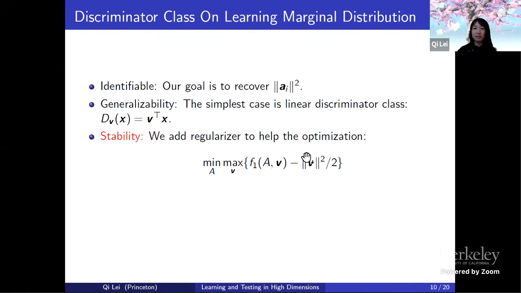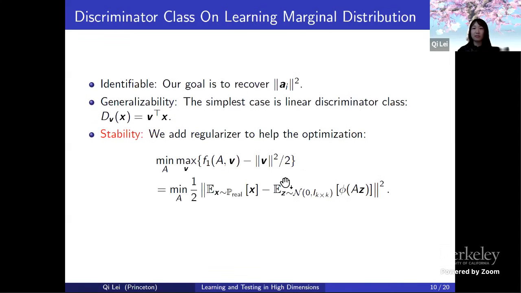We choose a simple version of it, where we subtract an L2 regularizer. With this form, the max part naturally becomes the L2 distance between the mean of the real distribution and the mean of the generated distribution. This makes the min-max problem very nice to solve.